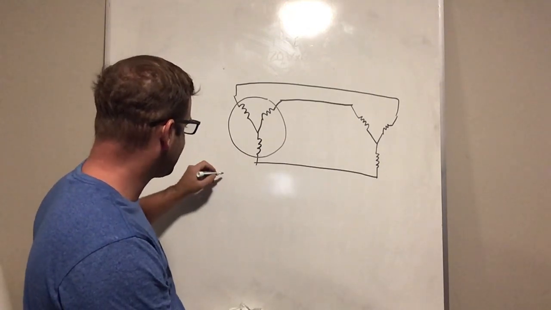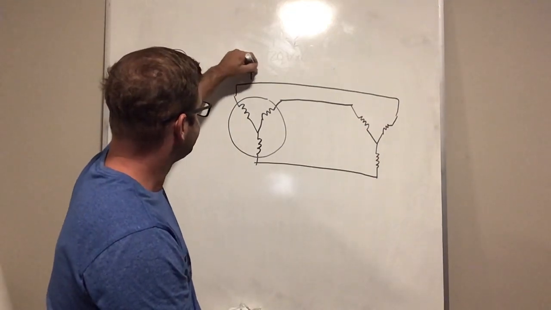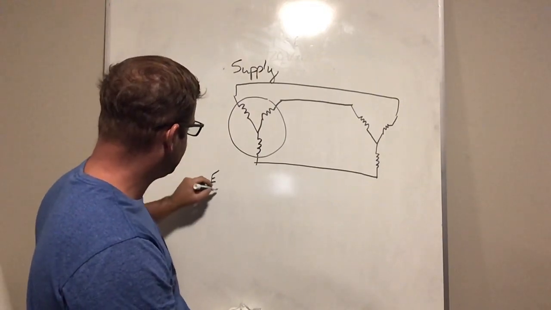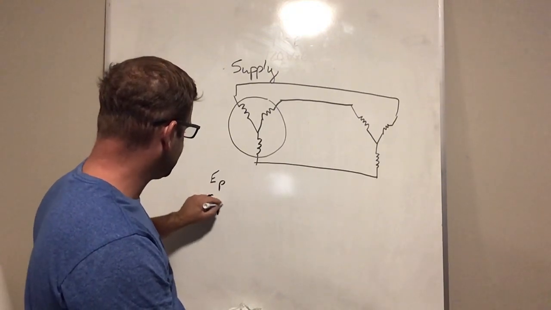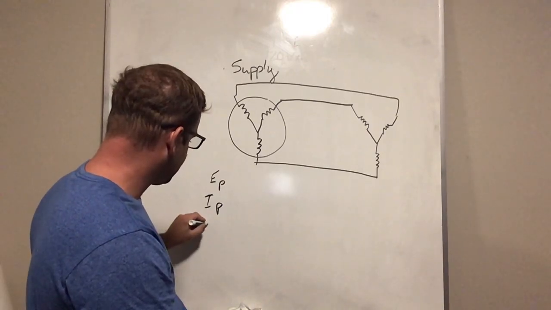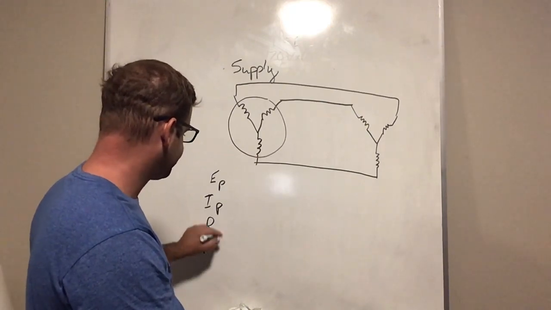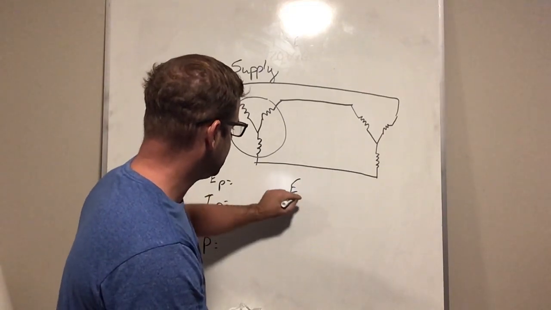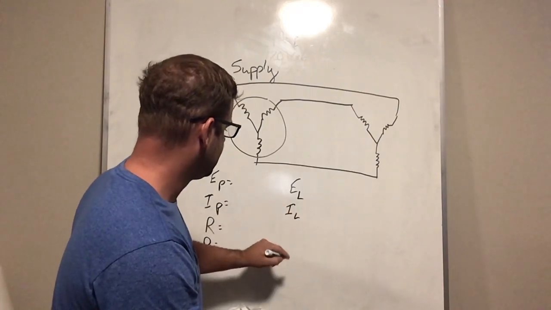So the values I want to find are, in my supply, resistance, and I'm also going to have my power. In the line, I'm going to have E line, I line.